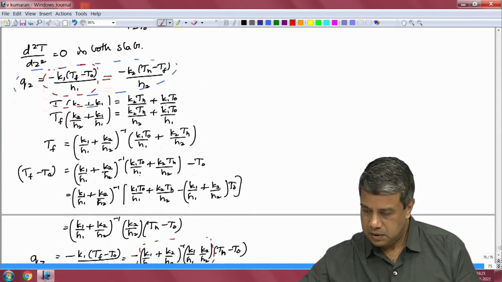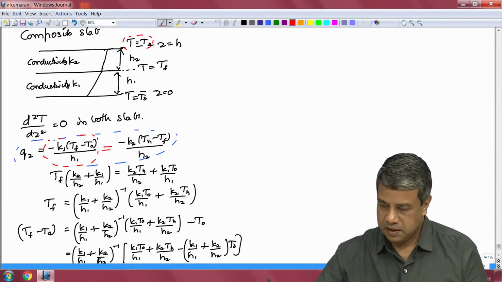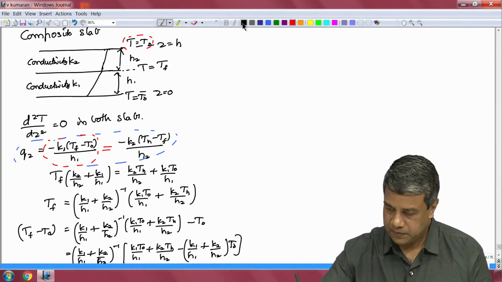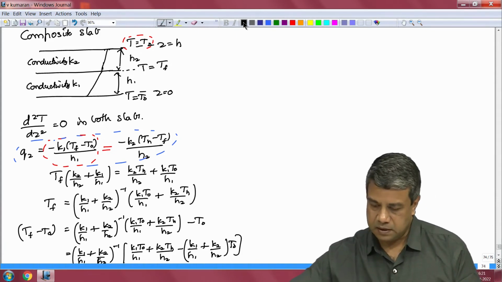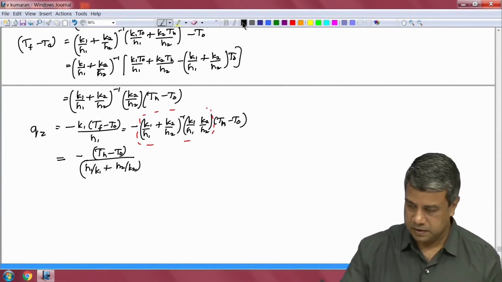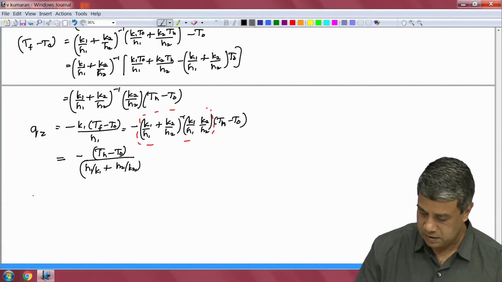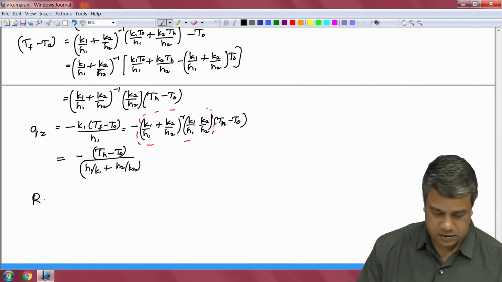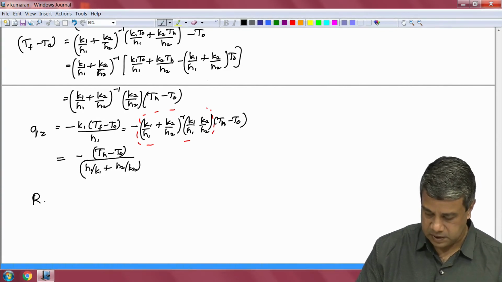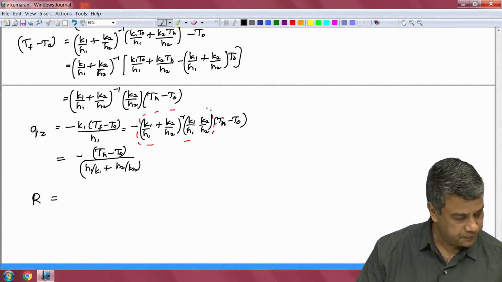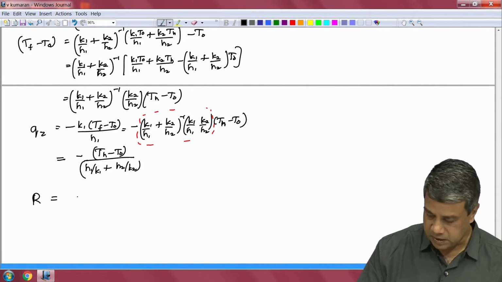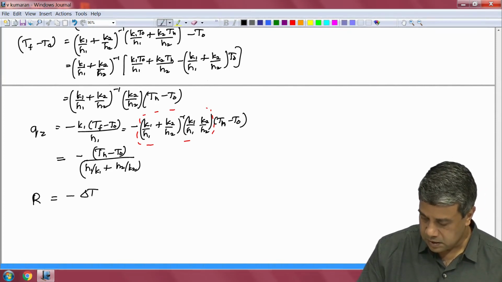Now, this expression that I had here, I can define the resistance to heat transfer, I am sorry, I meant heat transfer, as equal to minus delta T by Qz.